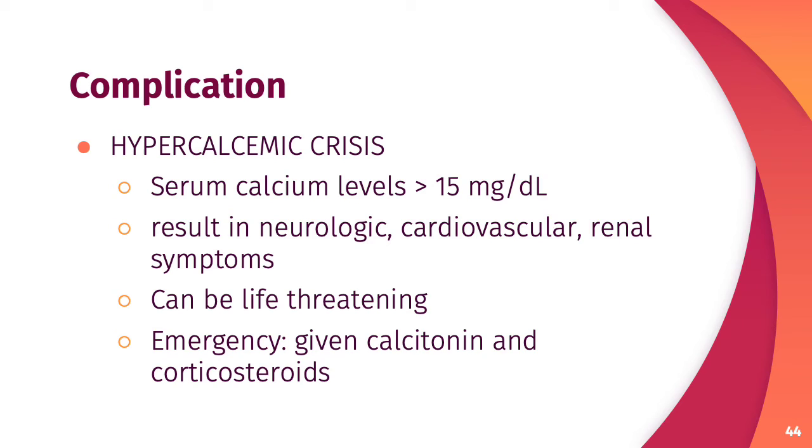Calcitonin helps regulate calcium levels in the body by inhibiting bone resorption and increasing calcium excretion in the kidneys. Corticosteroids, on the other hand, reduce serum calcium concentration by reducing intestinal calcium absorption.